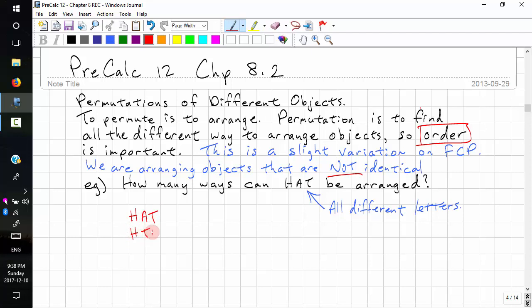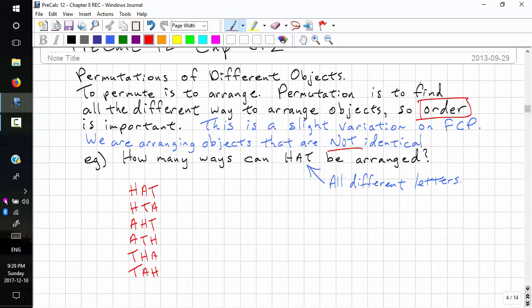So we're going to rearrange TA. Then we're going to use our second letter as our first letter and then rearrange the next two letters, ATH. And then we use our last letter, T, and then we rearrange the remaining letters, HA, TAH. And that's all there is. There's no more. So there's 6 ways.